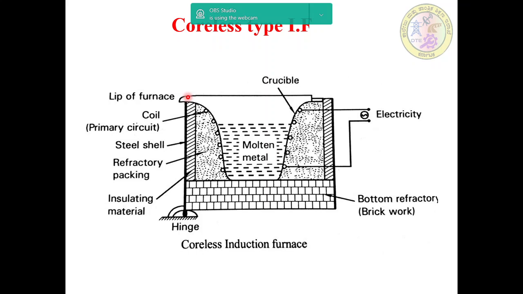This is the lip of the furnace; while this side is fixed, it is hinged on one side. You can tilt the entire furnace on this side, and easily pour the molten metal.